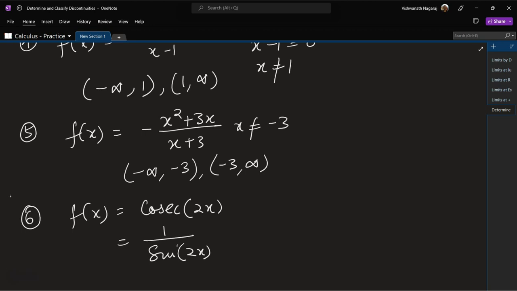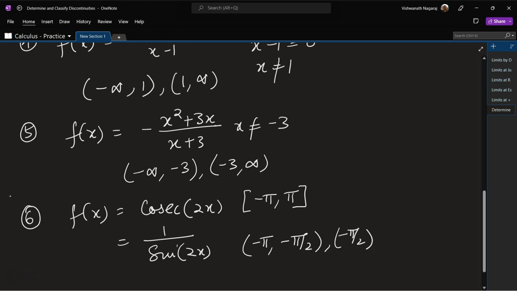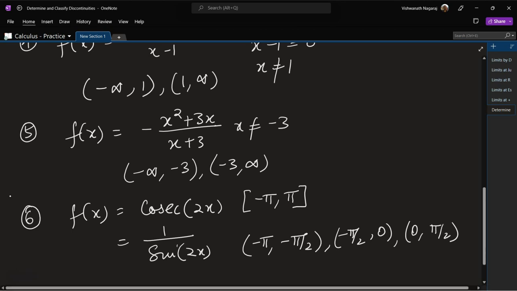Because we have twice the angle, and we restrict it to minus pi to pi. So this would be from minus pi to minus pi by 2, minus pi by 2 to 0, and from 0 to pi by 2, and from pi by 2 to pi.